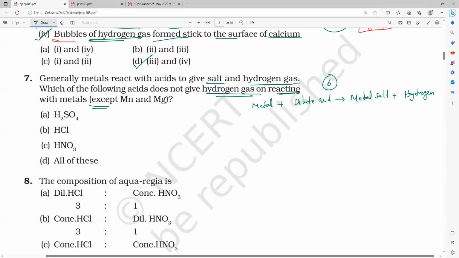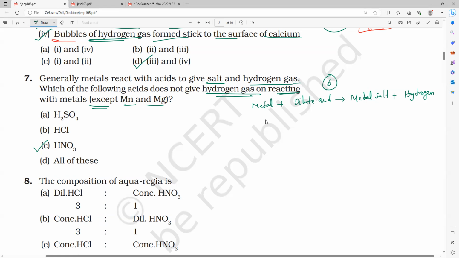the metals, except manganese and magnesium. A thousand times I have taught you this. Most important one. HNO3. So the only two metals which will produce hydrogen gas with it are manganese and magnesium.